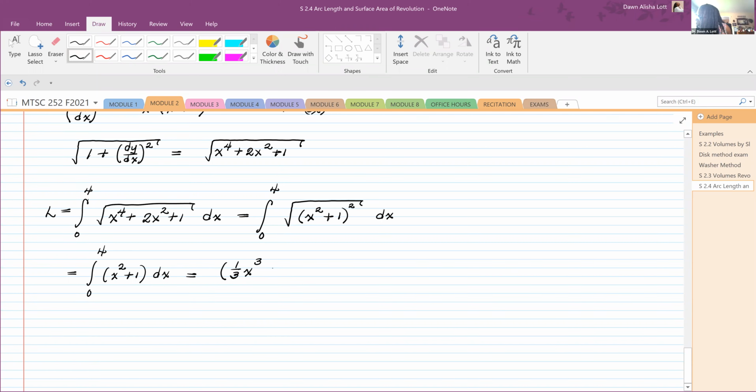One-third x cubed plus x, evaluated between 0 and 4. So this becomes 4 cubed, which is 64, plus 4. Then I subtract 0. So that's 64 thirds plus 12 thirds.